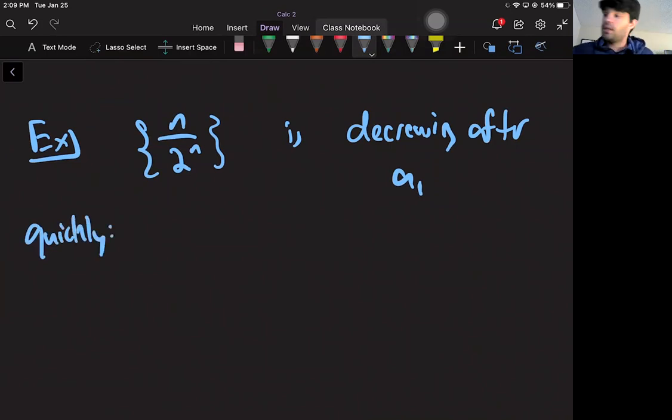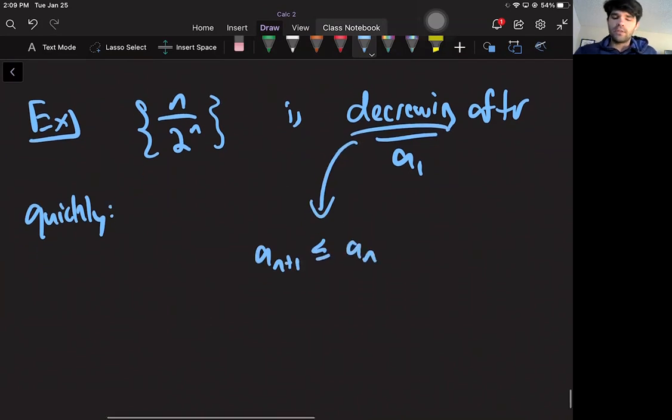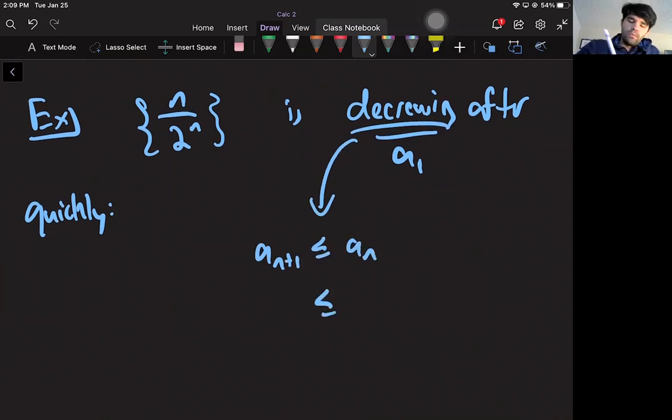Now that we have the foundation, the idea is right away you should know decreasing. That means I need my a sub n plus 1 to be the smaller one, and so I need to compare these two in this way, and then I just have to plug in n plus 1 on the left, so this becomes n plus 1 over 2 to the n plus 1, and on the right it's just n over 2 to the n.